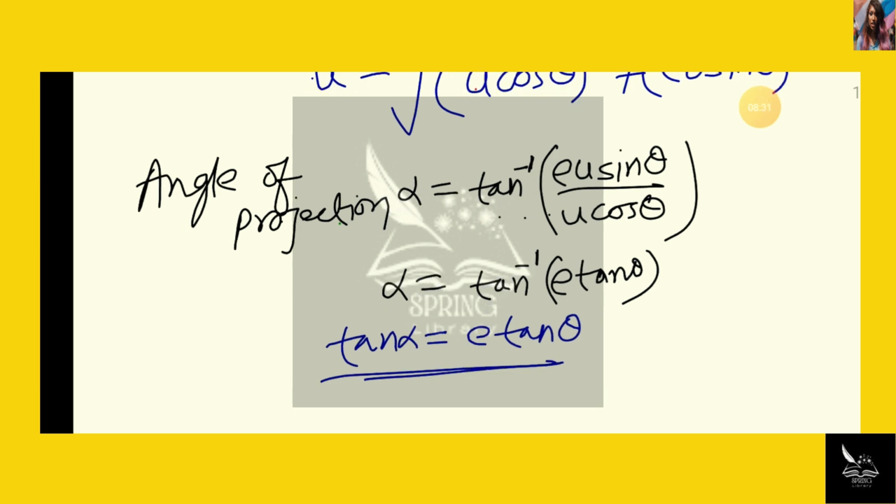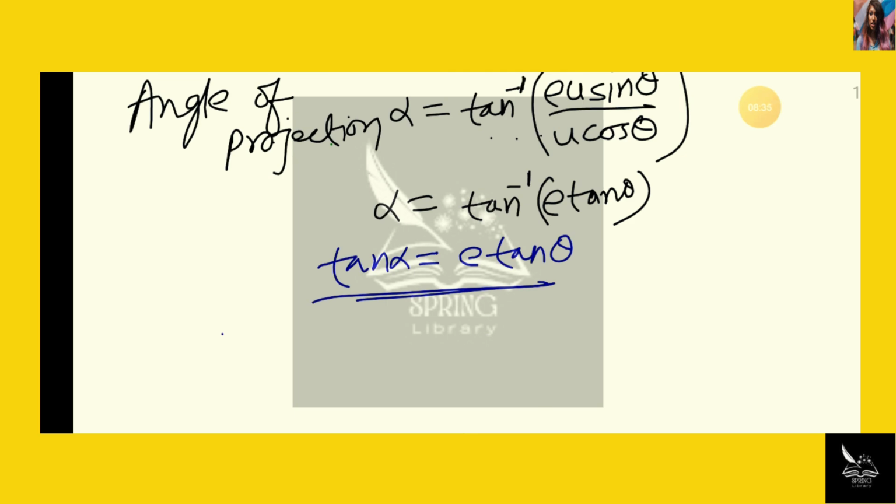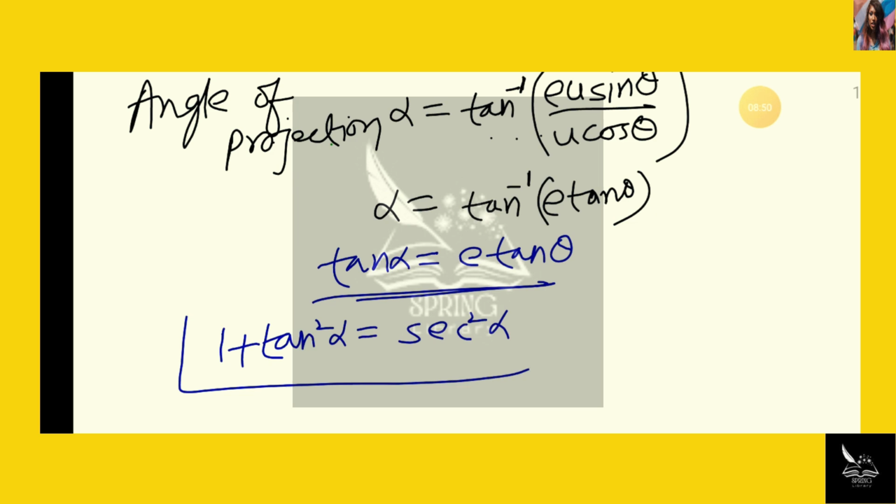And we know the trigonometric identity, that is 1 plus tan square alpha is equal to sec square alpha. So this is a trigonometric identity. So use this in the above step.